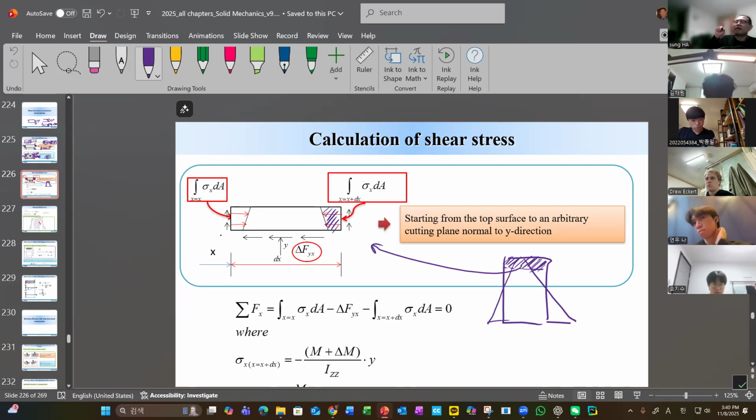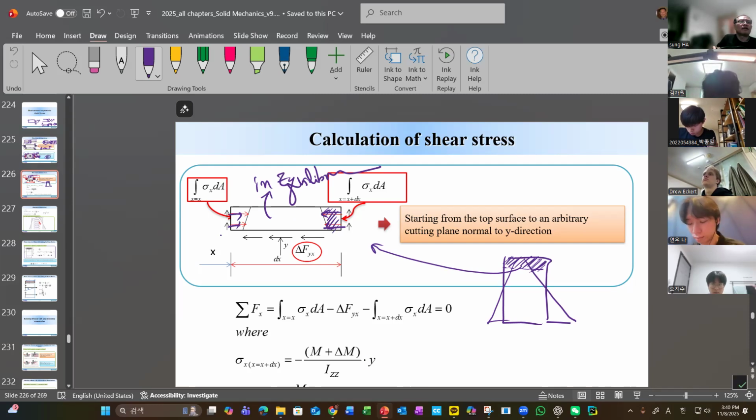The one very important thing we need to understand is that either small or large, every part needs to be in equilibrium. Meaning that this part, this guy, also has to be in equilibrium.